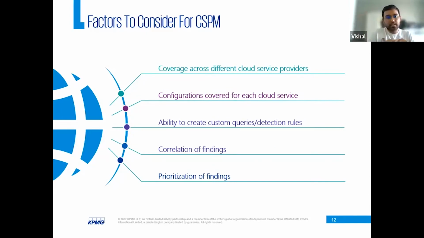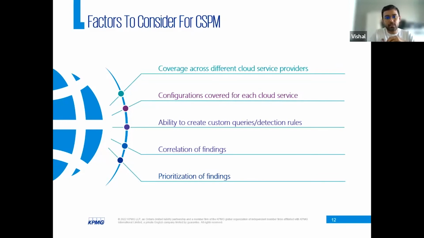So again, these are some factors to consider when you are going for a security posture management or monitoring solution. And nowadays, we are also seeing automated remediation capability being introduced.